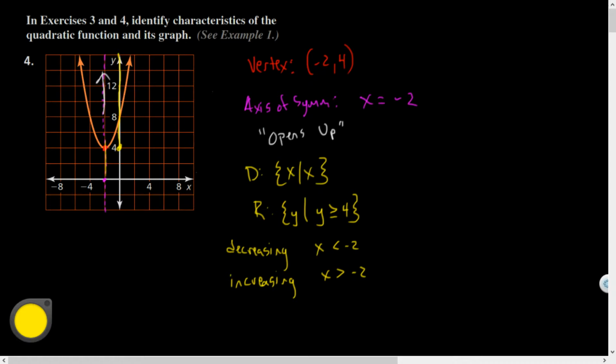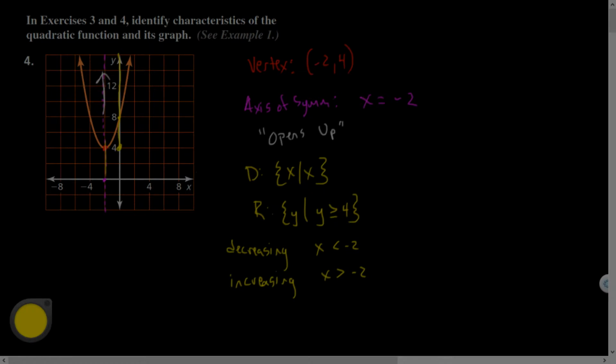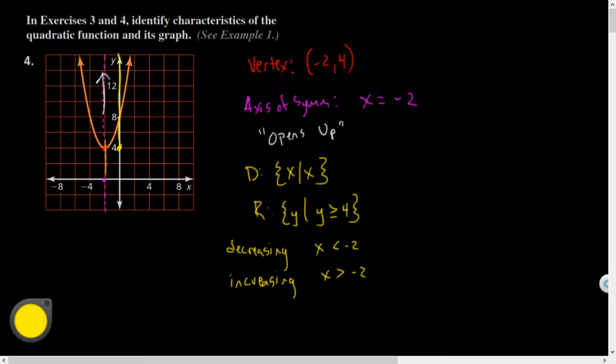Where does it seem to cross the y-axis? Looks like, yeah, about 8. But as far as crossing the x-axis, this parabola... Oh, yeah, the axis of symmetry isn't a part of the graph. It's just a way to help describe the graph, or it's a helpful thing to know. But yeah, so no x-intercepts. We'll talk about those in a little bit as well.